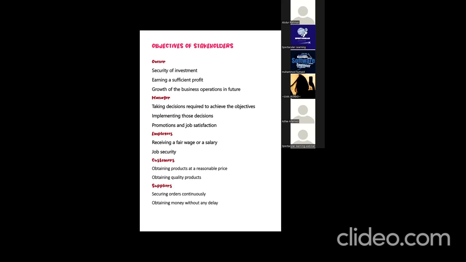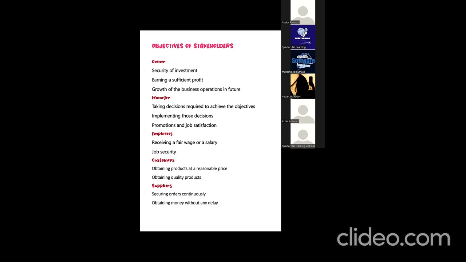Also the customers. Customers are one of the main stakeholders of a business because without customers, we can't earn any profit.